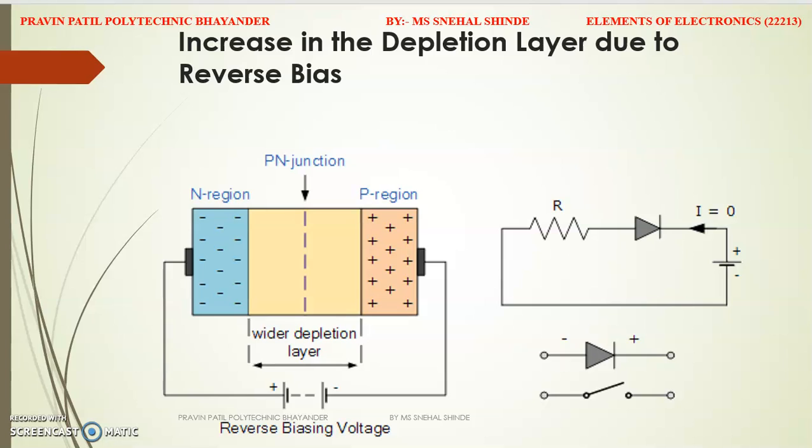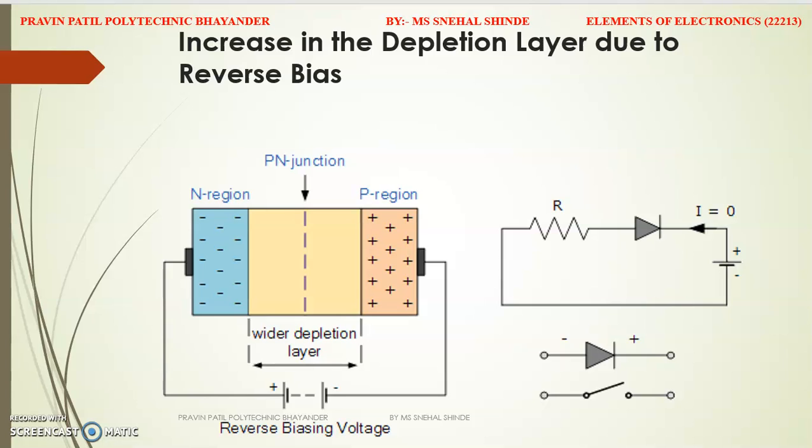Now the operation of the reverse bias diode. When a diode is reverse biased, holes in the P region are attracted towards the negative terminal of the supply, and electrons in the N side are attracted towards the positive terminal of the supply, as shown in the figure.